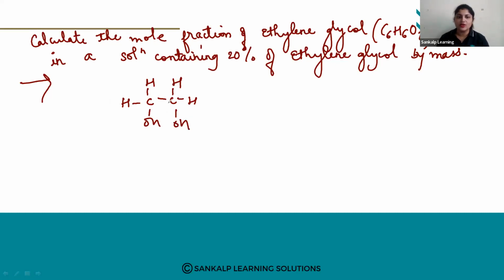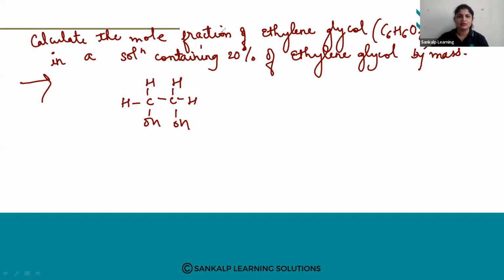It is a diol, that is why it is called ethylene glycol. So it is C6H6O2. Calculate the mole fraction of ethylene glycol in a solution containing 20% of ethylene glycol by mass.